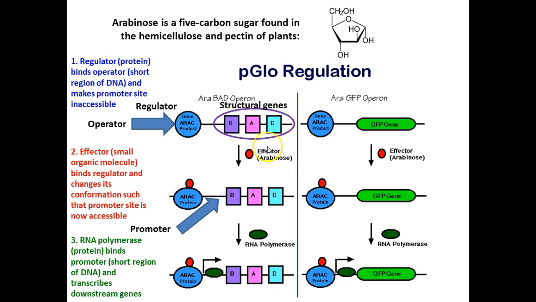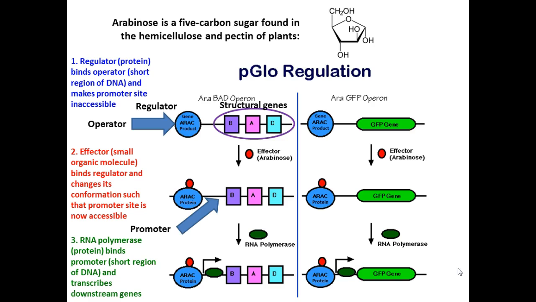So same system, right? You have the regulator protein that's produced and it attaches to the operator site. Because of that, the promoter isn't available. RNA polymerase can't bind unless arabinose, our effector, binds to the repressor. Then RNA polymerase can bind, and then the cell will make green fluorescent protein.